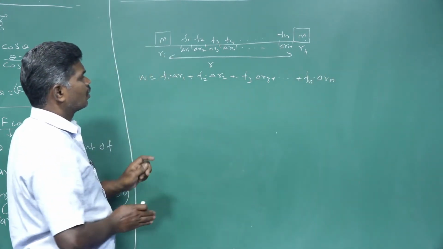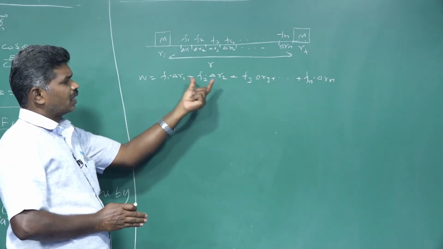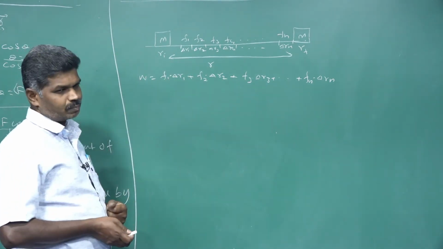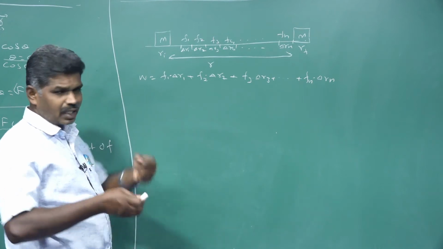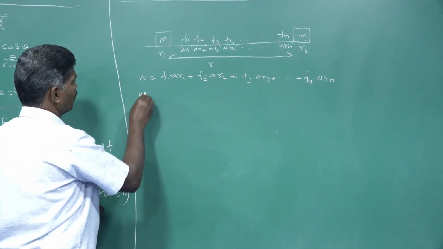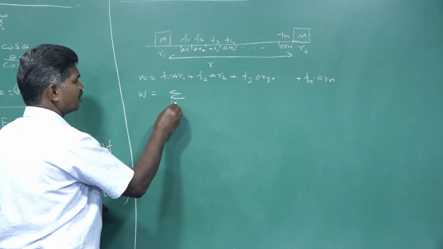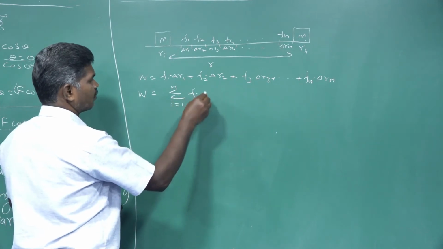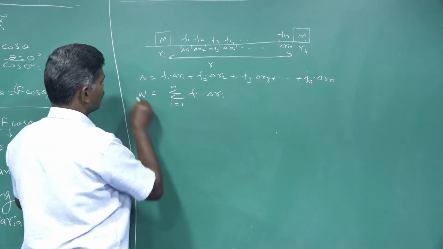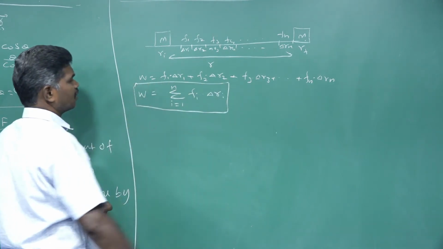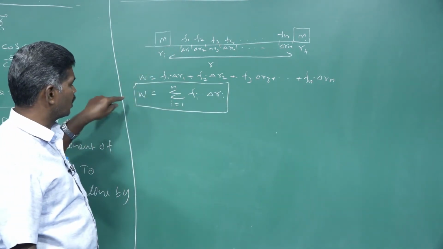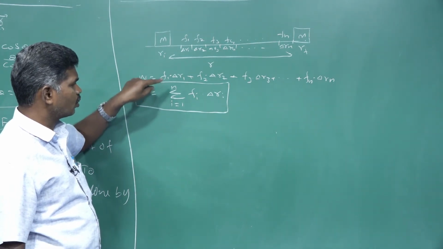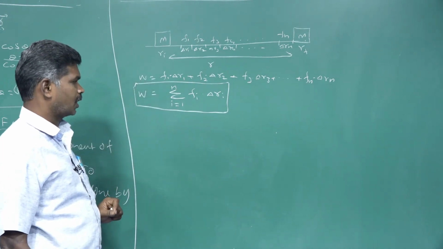The total work done is the first part's work done, the second part's work done, up to the nth part's work done. Summing them, we get the total work done. This can be written mathematically using the summation symbol: W is equal to the summation from i equal to 1 to n of Fi dot del Ri.